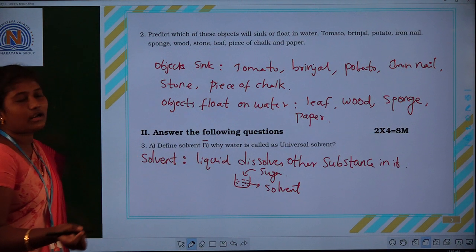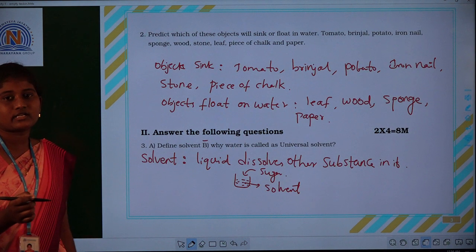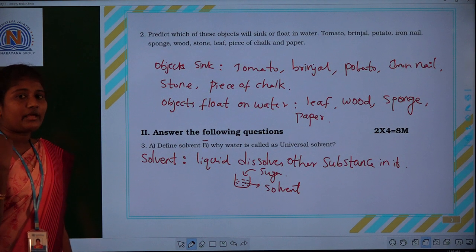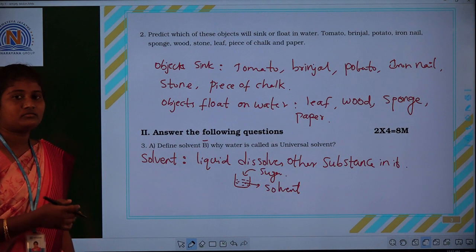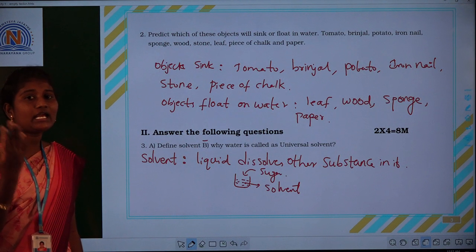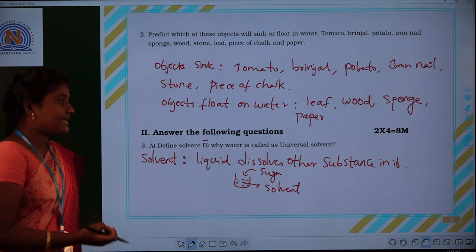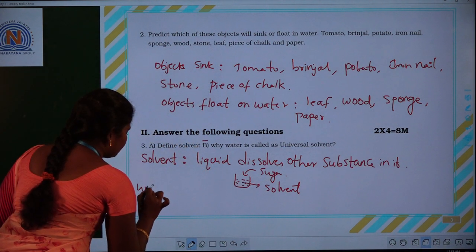Why is water called a universal solvent?